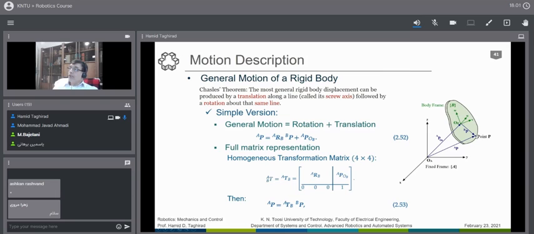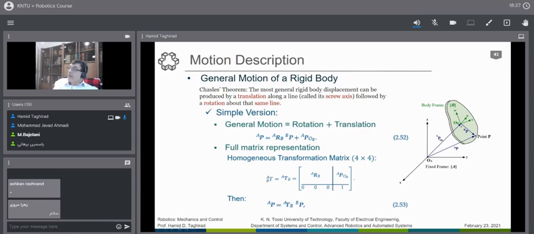any point P in this rigid body can be represented. If it is a rigid point in this rigid body, P with respect to B is very simply measured, and it is a constant value, because this is an embedded point in the rigid body.